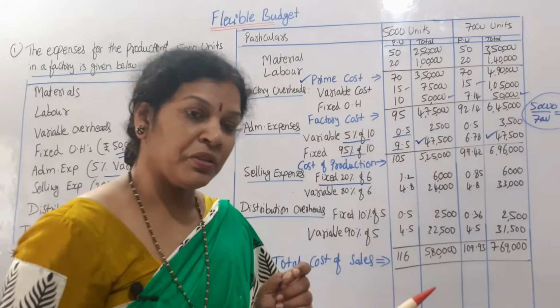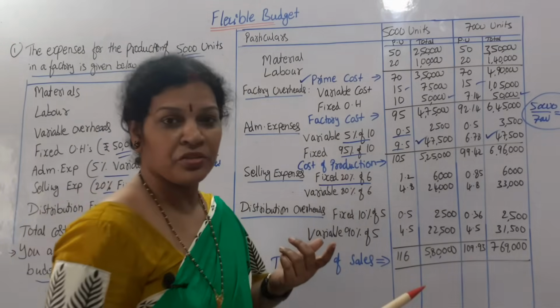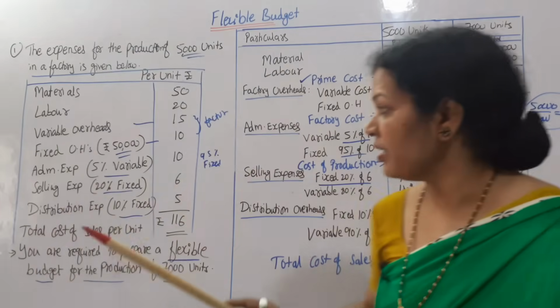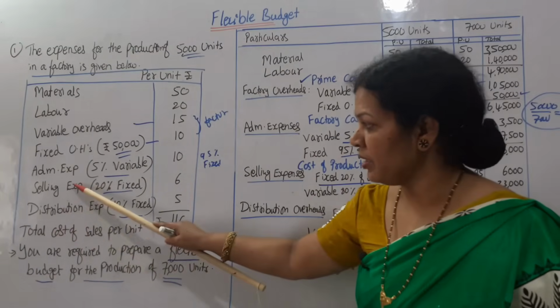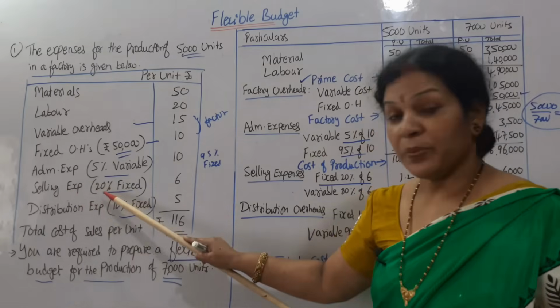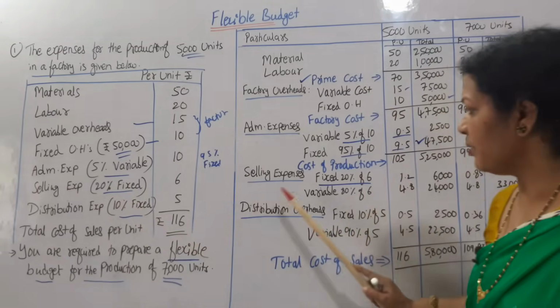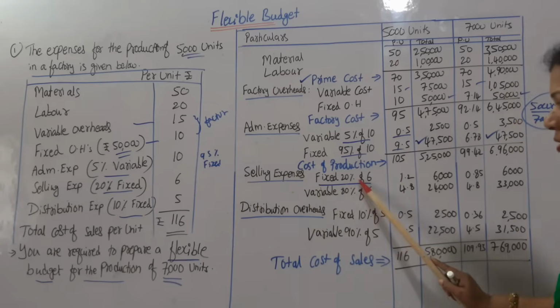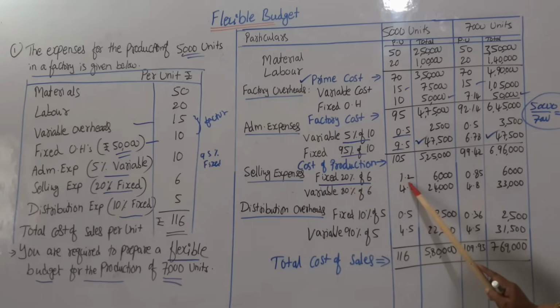Once administrative expenses are over, that we call the cost of production. Now here we are going to add the rest of the expenses, selling and distribution. Both the expenses will be written. Selling expenses are 20% fixed. Now selling expenses, fixed is 20% of 6. 20% of 6 comes to 1.2.